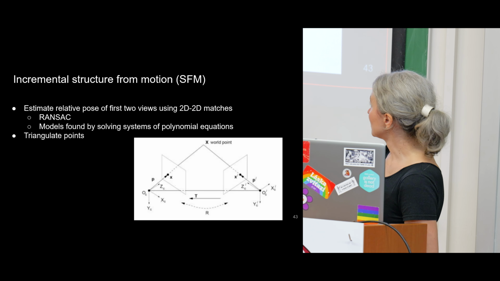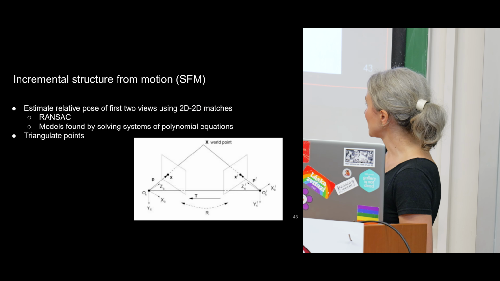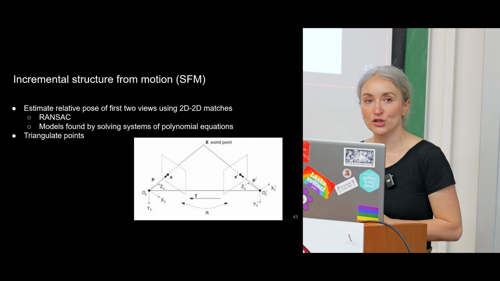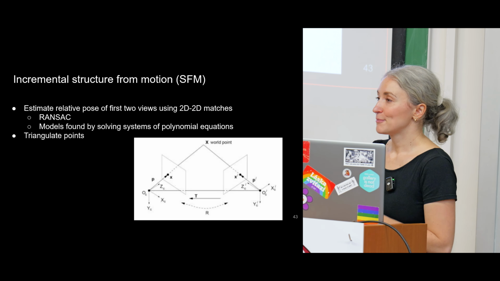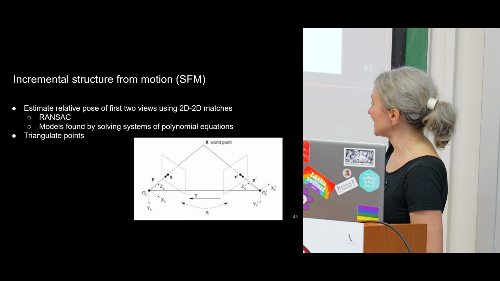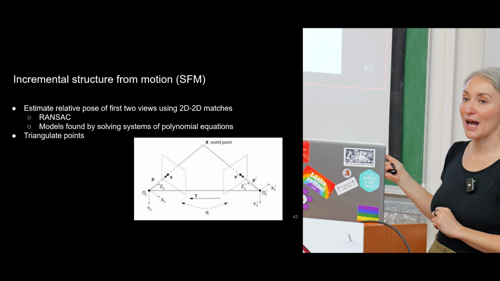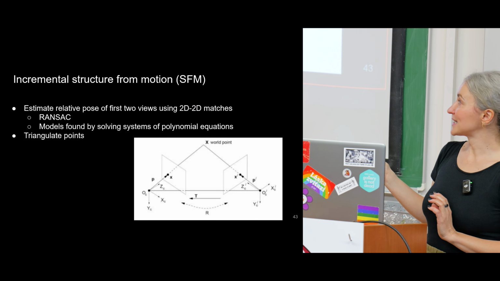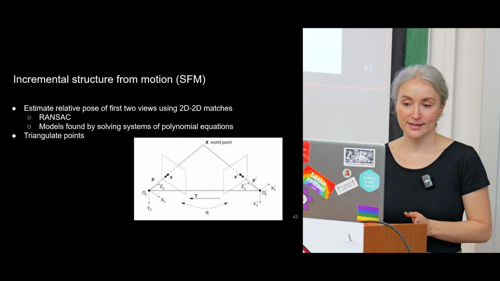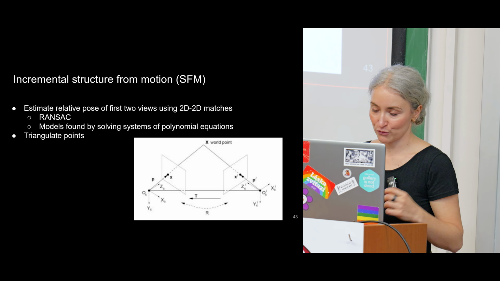We will have some set of polynomial equations here. This relative pose can be estimated by essential or fundamental matrix, but we don't have the time to go into details. But what you want to know is that right now in this step, we have just a set of 2D correspondences. So we have 2 cameras, and we estimate the relative pose of these 2.